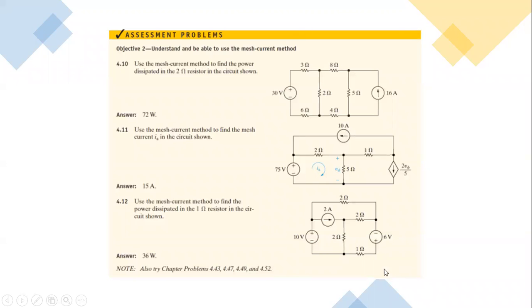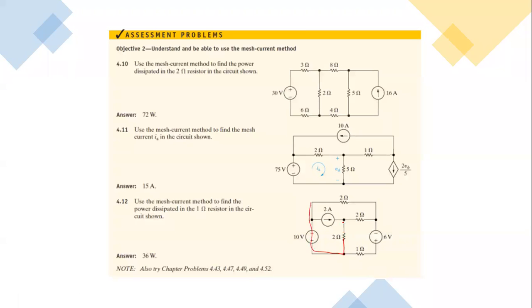And here we have one current source, so you need to use a super node that will combine this mesh and the upper mesh. So your super node will be this one. Let me assign the super node.